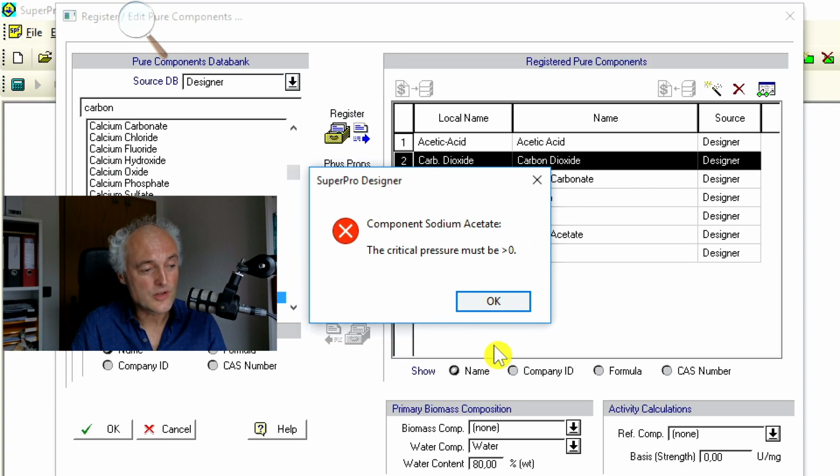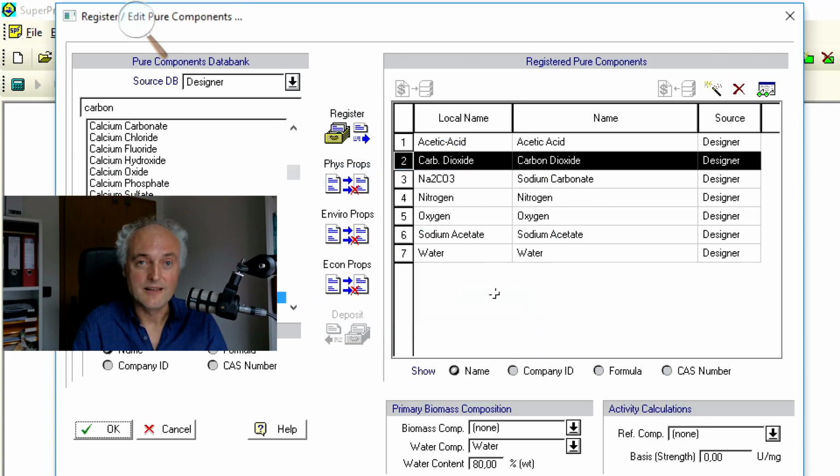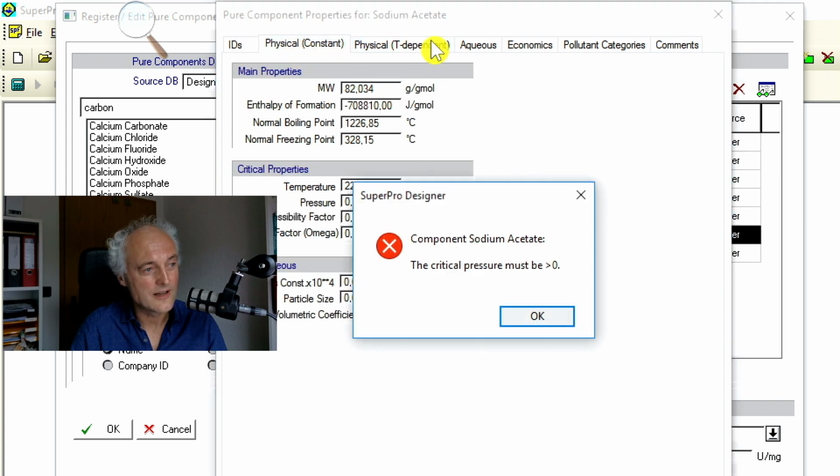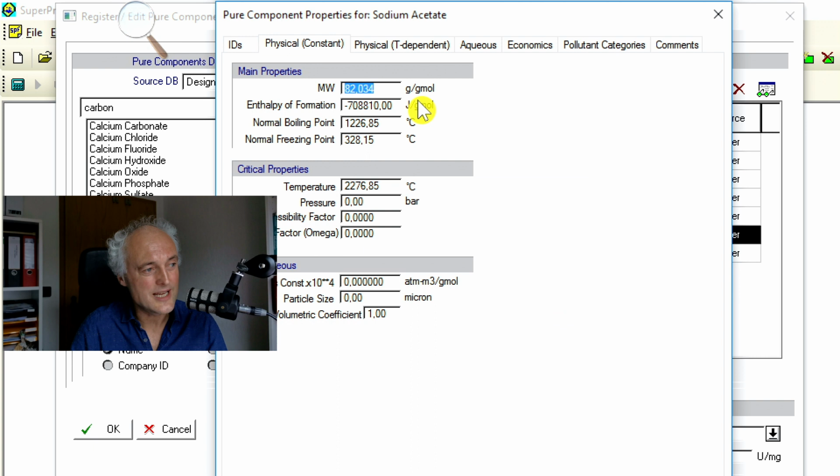And now we could, of course, look it up in tables or something like that. But this takes ages. So let's double click on that. And now you see, wow, we have here a vast array of values which are put in, the temperature, the critical properties, and so on. But what was missing was the critical pressure.